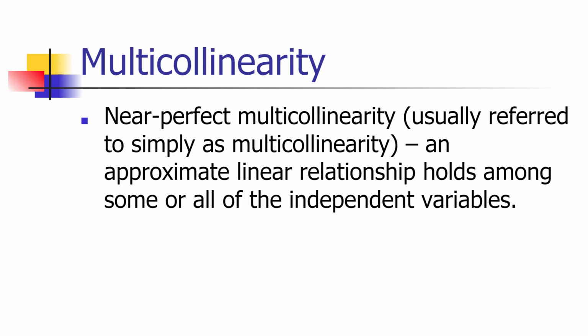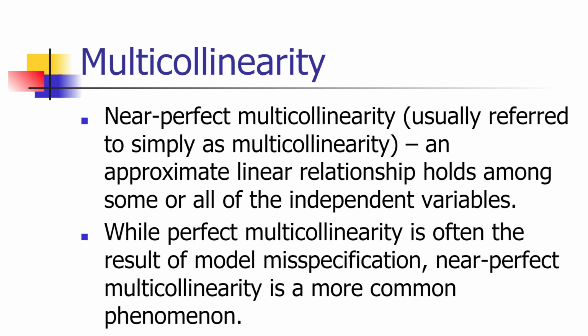So we don't have an exact relationship among them, but we have a relationship where there's very little independent variation in one or more of the variables separate from some of the other variables. Perfect multicollinearity normally results from model misspecification, where you didn't consider a linear dependency among your independent variables. Near perfect multicollinearity is a much more common phenomenon.